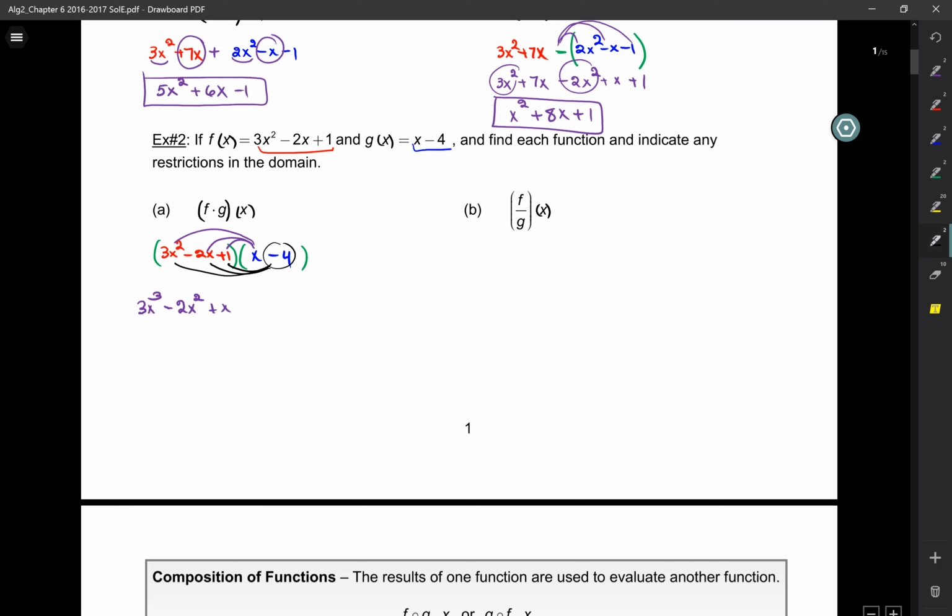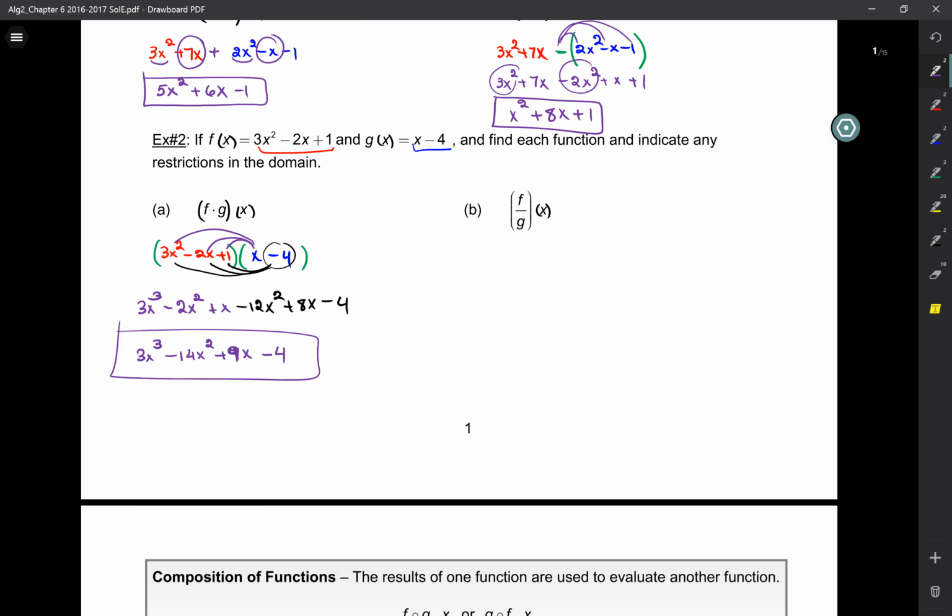So negative 12x squared, positive 8x, negative 4, and now let's combine terms. So 3x cubed minus 14x squared plus 9x minus 4. All right, and it has to be in standard form, decreasing order of exponents.